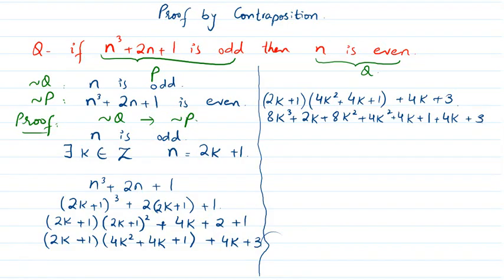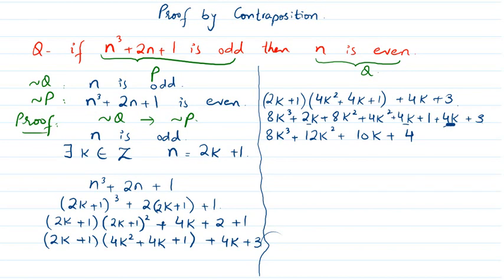So adding all of them together, I'm going to have 8k cube plus, adding these two, I'm going to get 12k square plus 10k, adding these terms, and finally 3 plus 1, that is going to result in 4, right?